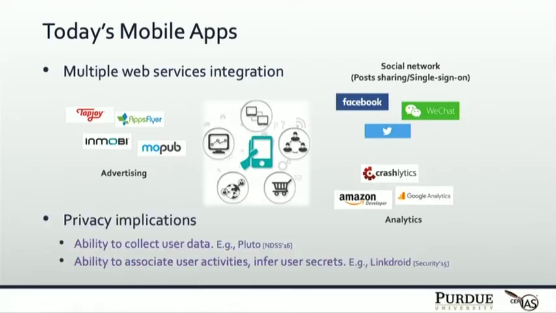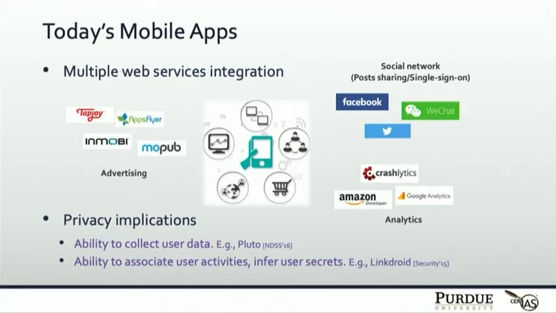However, such functionalities come with significant privacy implications for users. As previous studies show, since these libraries are hosted in the same container as the developer's code, technically, they can freely collect and share any kind of sensitive data without user consent.